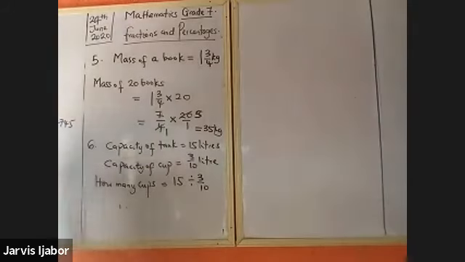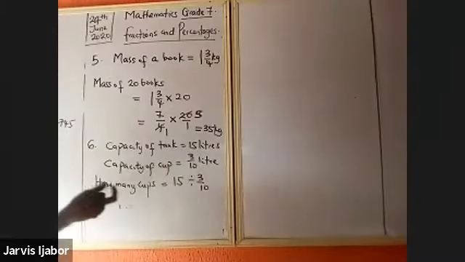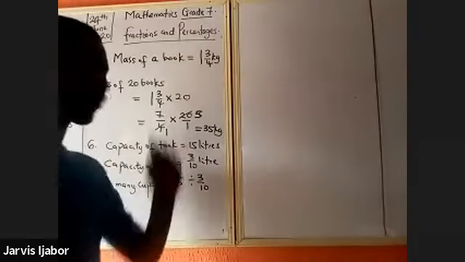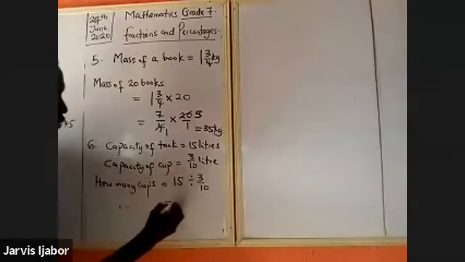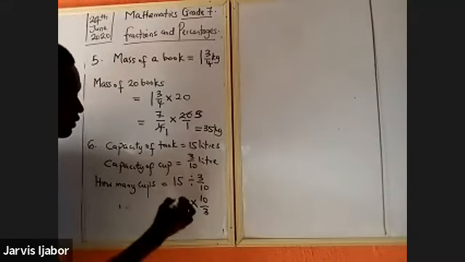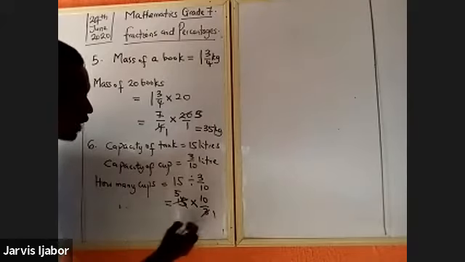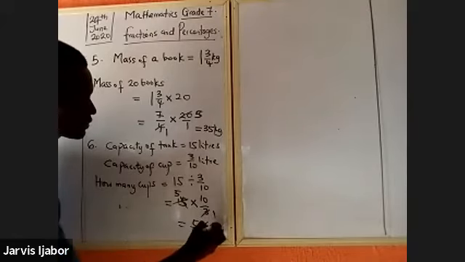How many cups will be the quantity the tank can hold divided by the capacity of 1 cup? So, this will be equal to 15 times 10 over 3, 5, 1. That will be 50 cups.